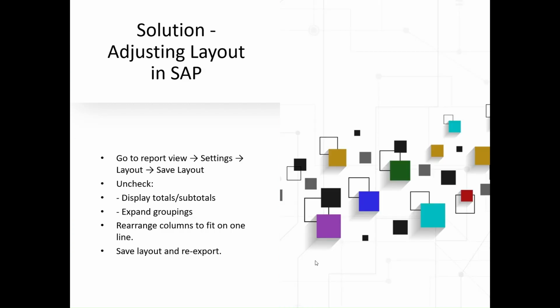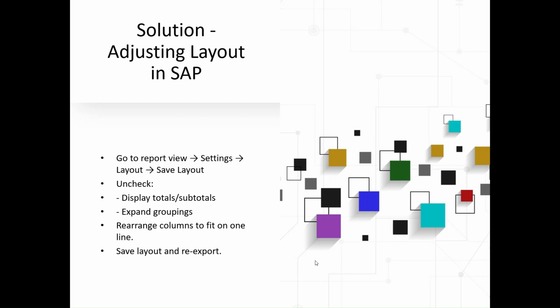So in this scenario, the first solution is adjustment of layout in SAP. This is the step-by-step method. Please note it down. You have to go to report view, then settings, then layout, and then save the layout.